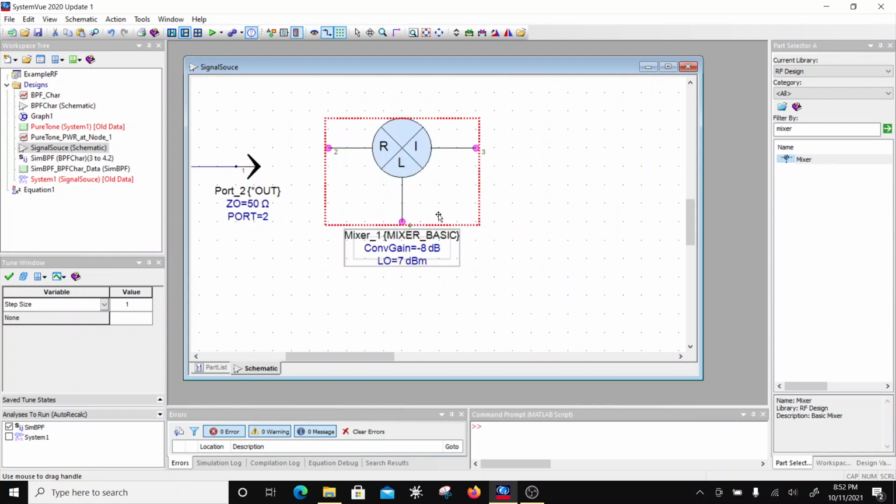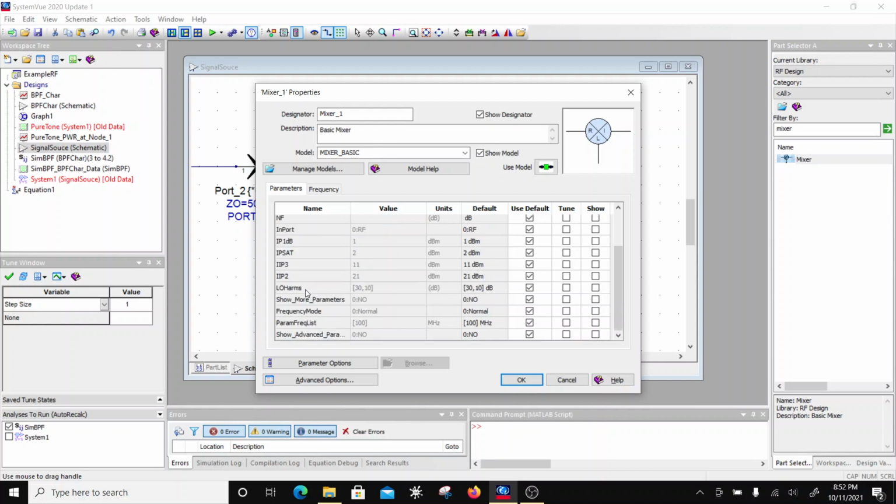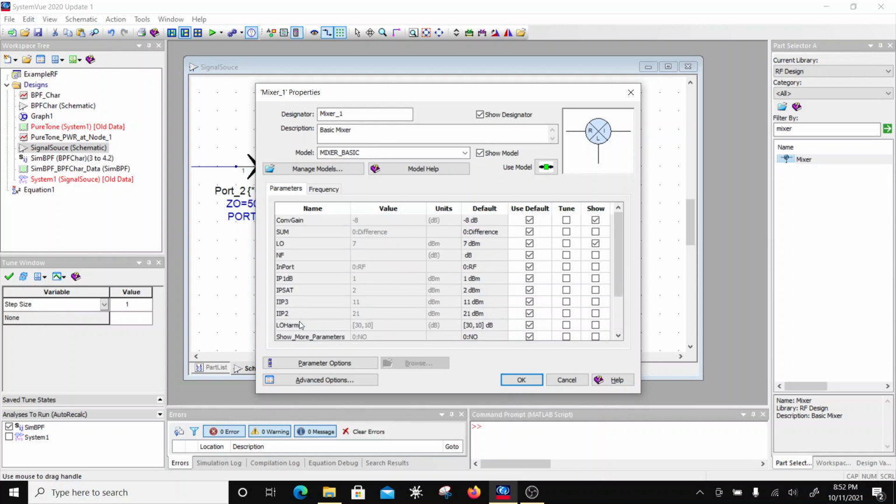Okay, so let's look at this mixer. So what we do here is we model a mixer, and you should know that there is no across frequency response here. This is more to do with across power.